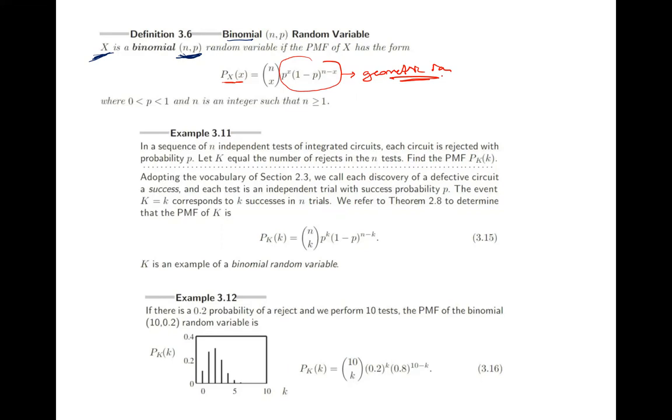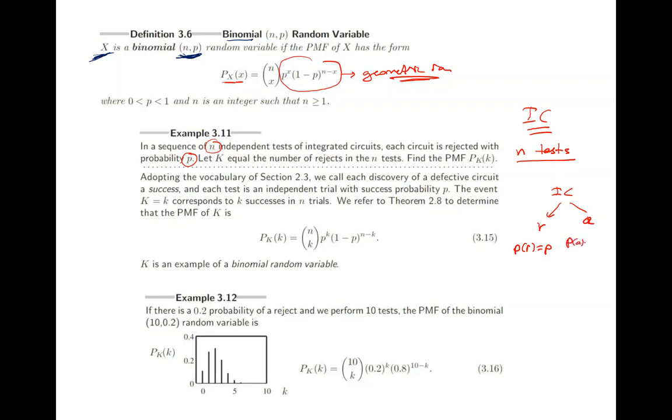Here, we again have the IC circuit test. In a sequence of n independent tests, we have n tests, and each circuit is rejected with probability p again. So we test an IC, and whether it is rejected or accepted, the probability of rejection is p.